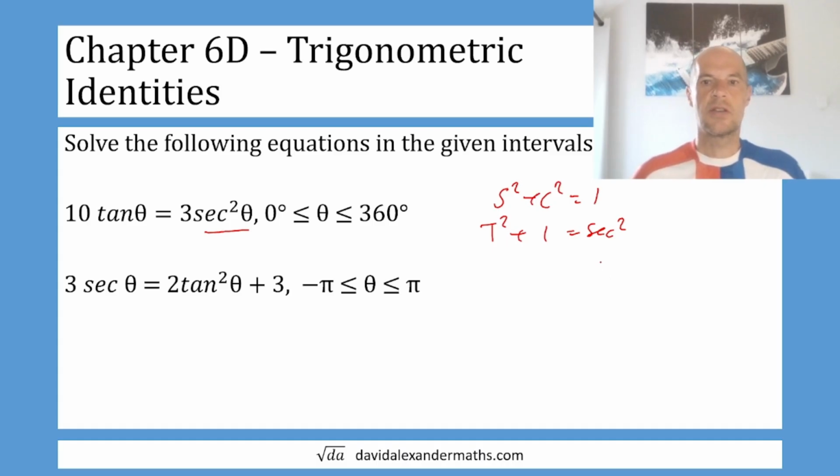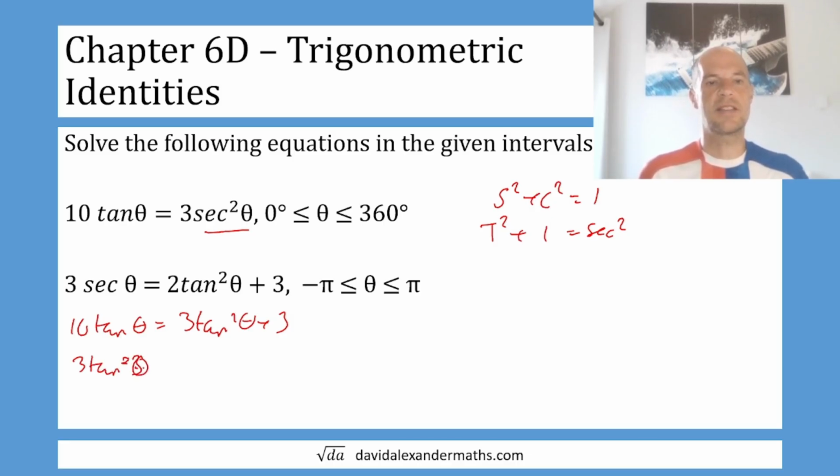So 10 tan theta is going to be 3 sec squared, which is 3 tan squared theta plus 3. I'm going to make that equal 0. So 3 tan squared theta take away 10 tan theta plus 3 equals 0. Using my quadratic equation solver, I get that the tan of theta is 3 and that the tan of theta is 1/3.